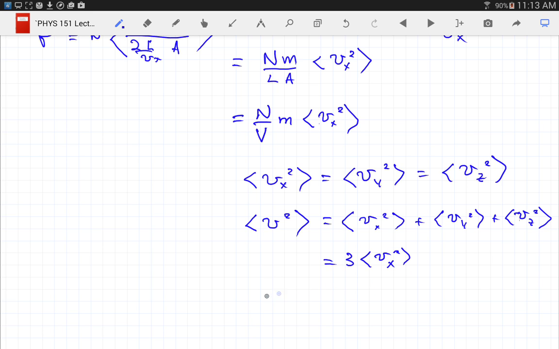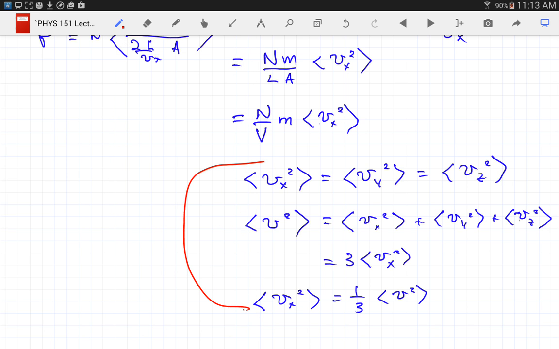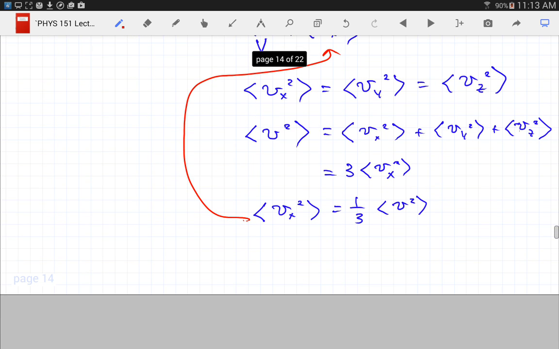So that means that Vx squared is 1/3 of the average velocity squared. Or, excuse me, it's really important to get the words in the right order, of the squared velocity average. And so I can plug this pretty much finally now into that, and I have pressure is equal to N over V times M over 3 velocity squared average.